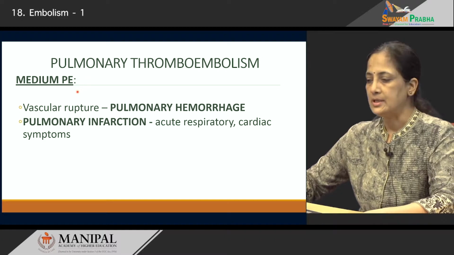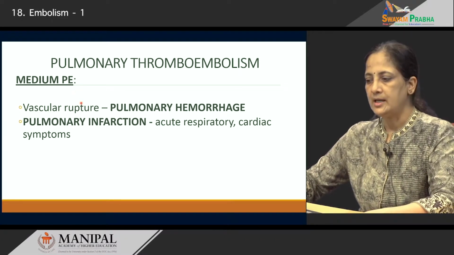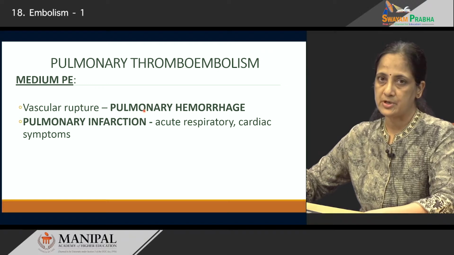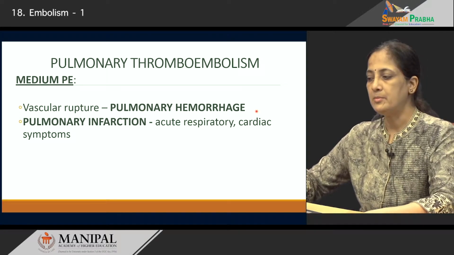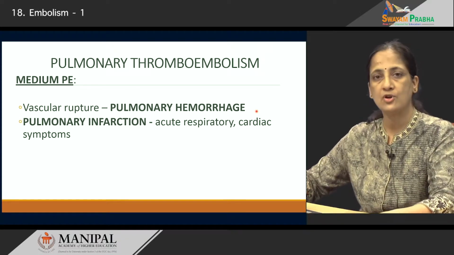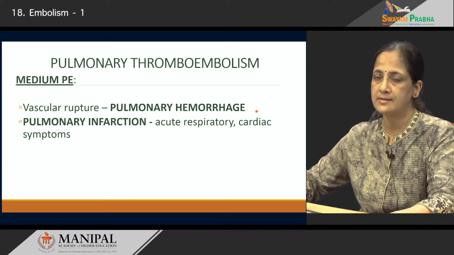If a larger embolus enters a larger pulmonary arterial vessel, it may cause distension of that vessel and rupture, resulting in pulmonary hemorrhage. Here again, the pulmonary parenchyma recovers adequately because of the compensatory bronchial arterial blood supply.